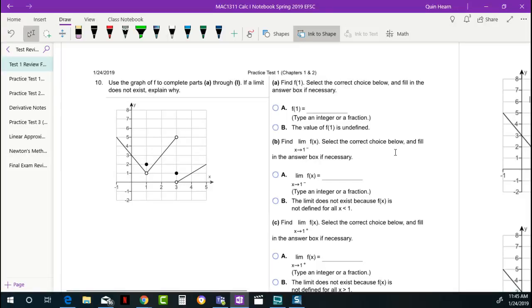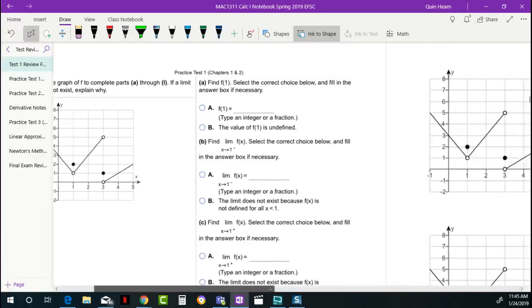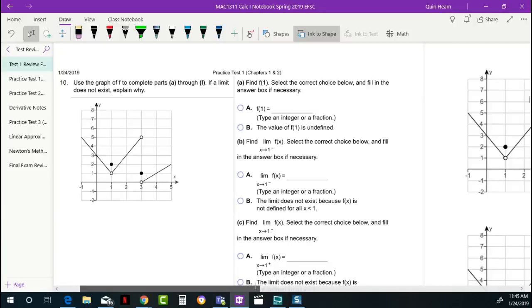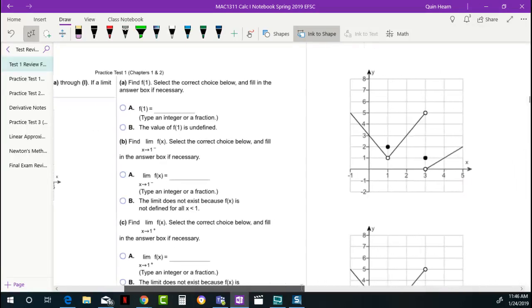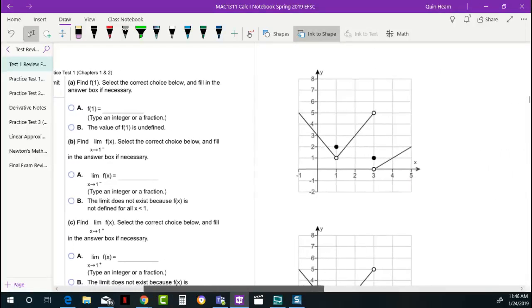This one has some questions about limits in it, number 10. I've copied the graph over here, but it says use the graph of f to complete parts A through L. If a limit does not exist, explain why. So here we have our graph of f. In part A, it says find f of 1.